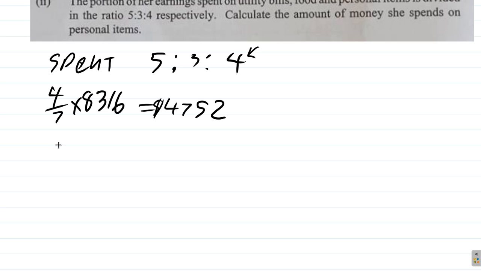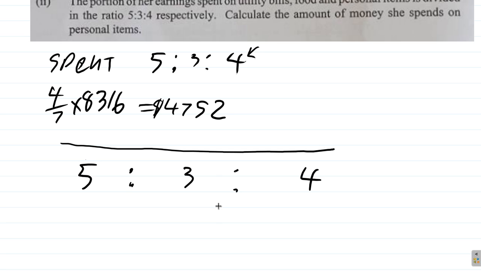Now, the thing is, you have 4752 divided into these parts, 5 to 3 to 4. You divide it up. All of this is 4752 into 5 parts: 1, 2, 3, 4, 5.